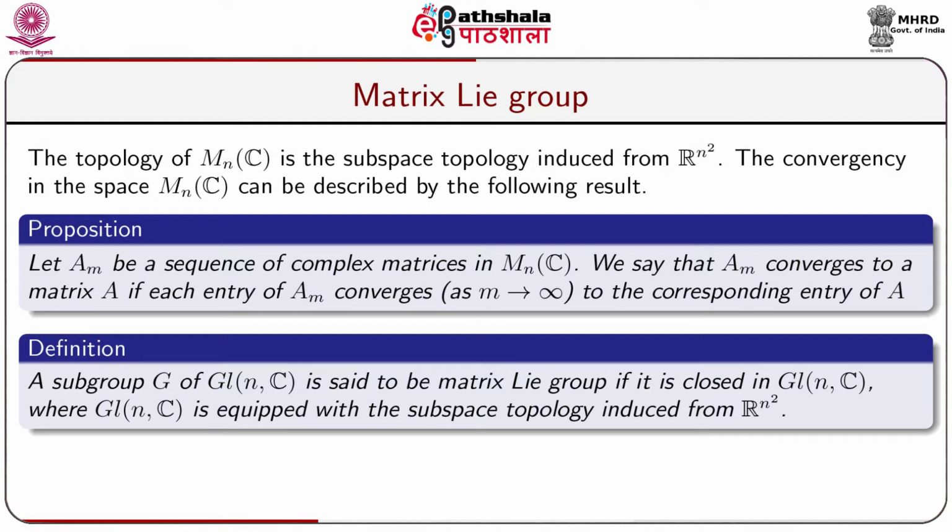That means we can say it in this way: a matrix Lie group is a subgroup G having the following property: if Am is any sequence of matrices in G and Am converges to some matrix A, then either A belongs to G or A is not invertible.